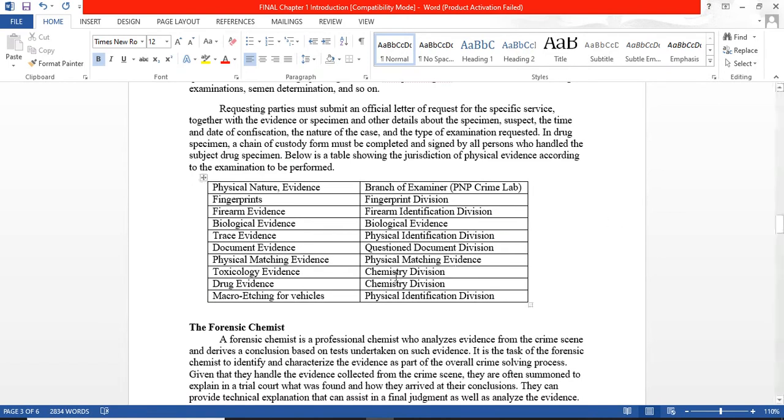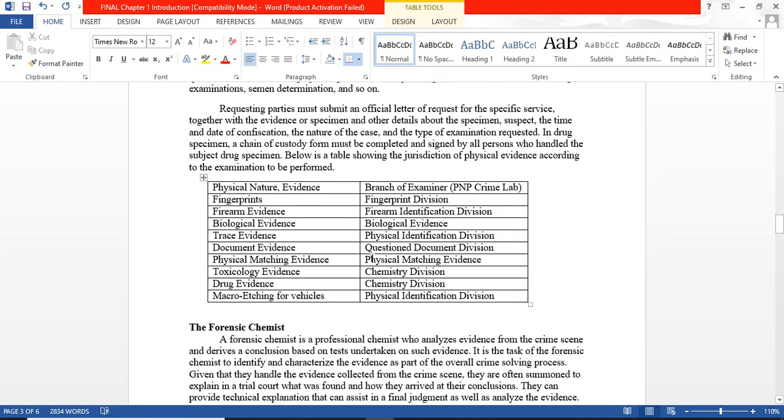Below, the table shows the jurisdiction of physical evidence according to the examination to be performed, or ang flow. Okay, for example, the physical nature of the evidence and the branch of the examiner in the PNP crime lab. For your fingerprint, it is the fingerprint division. Firearm evidences, firearm identification division. Biological evidence like hair, biological evidence area. Trace evidence like footprints, physical identification division.